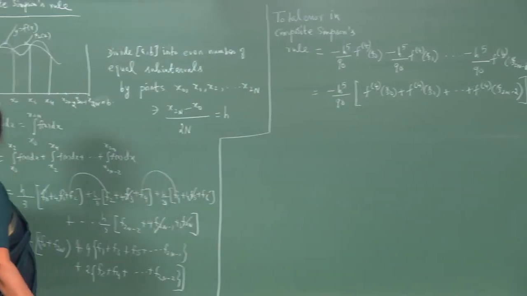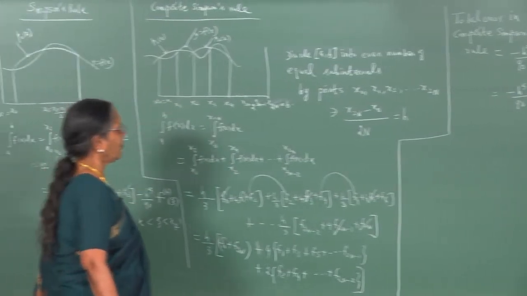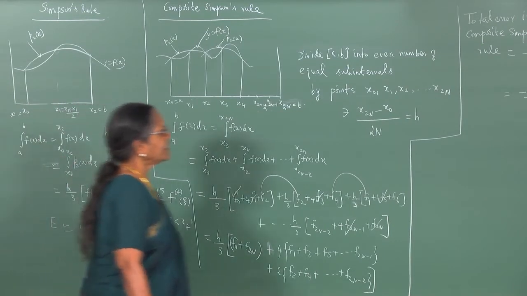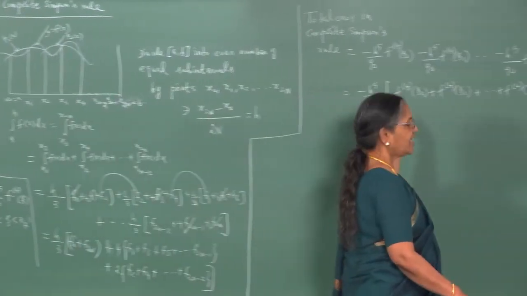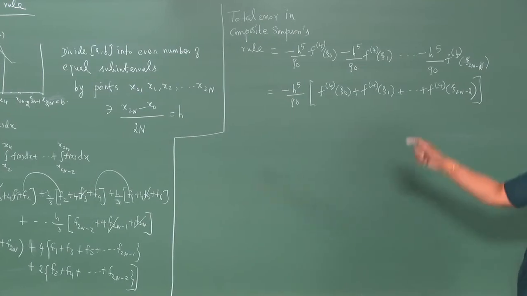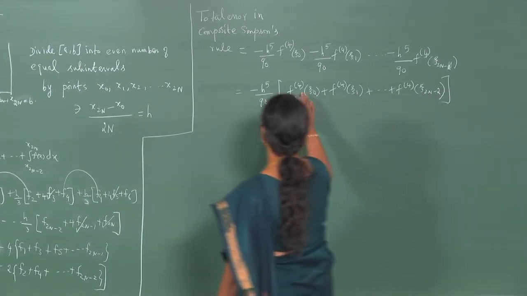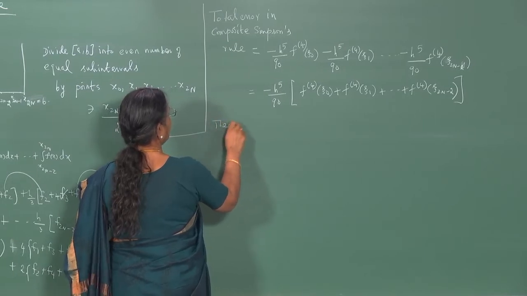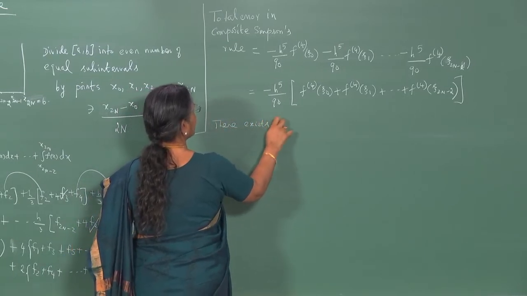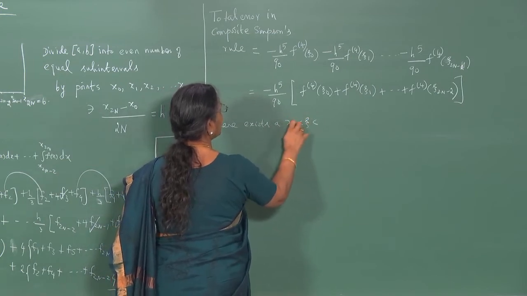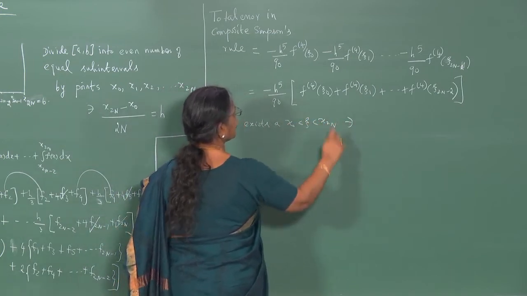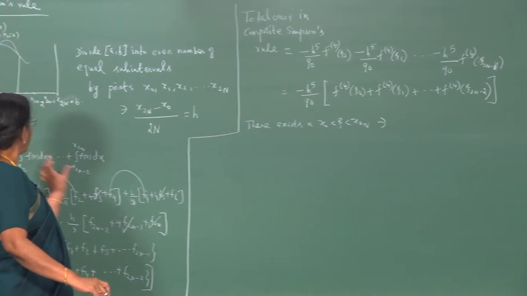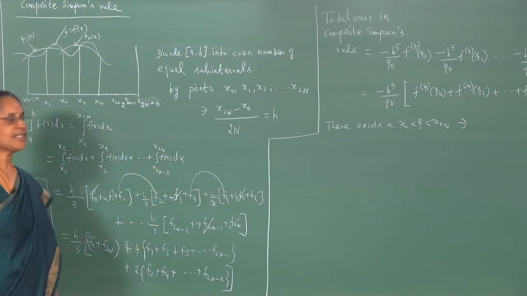Since the requirement for the function f in order that this formula is valid is that the fourth derivative exists and is continuous in that interval, there exists a psi in this interval x naught to x 2n such that... how many intervals in which you have applied Simpson's rule?